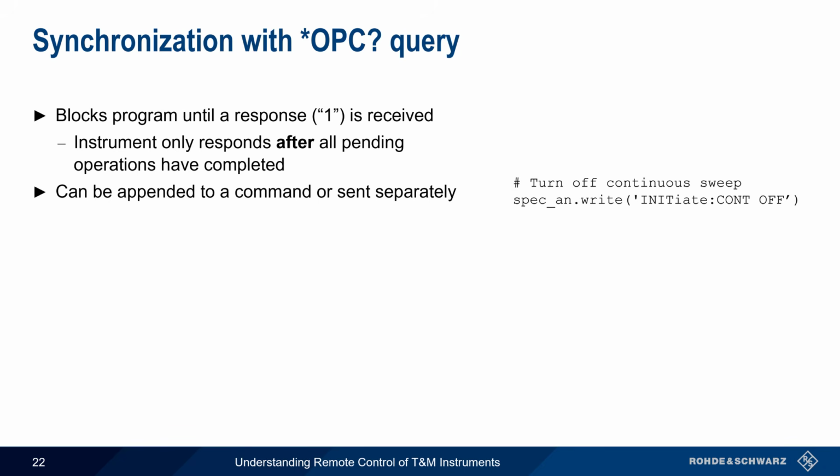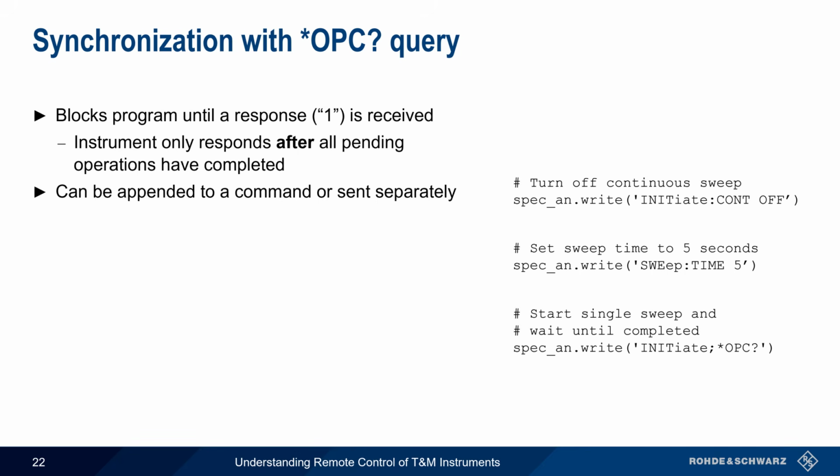For example, here we configure our spectrum analyzer to perform a single sweep, and set the sweep time to 5 seconds. The command to start the sweep, init, is followed by an OPC, in order to give the SpecAn time to complete the sweep before performing additional configuration or measurement tasks.